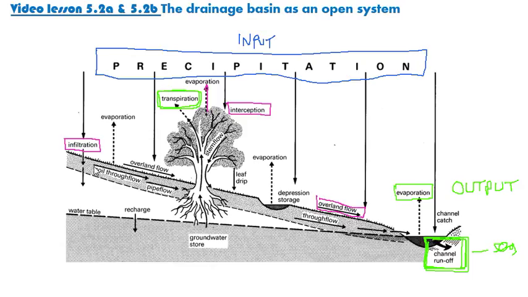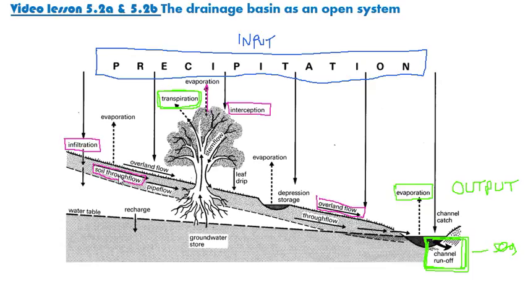Number 4. Once water has infiltrated into the soil, it can travel through the soil. Strictly speaking, the term for this is throughflow, but so you don't get mixed up, if you put soil throughflow, then you're never going to forget that soil throughflow is when water travels laterally, sideways, through the soil.